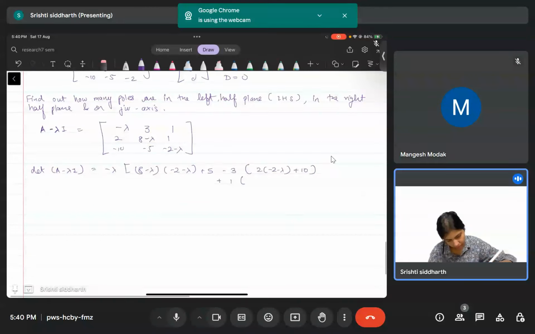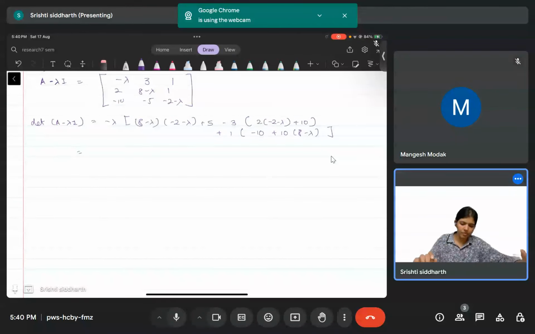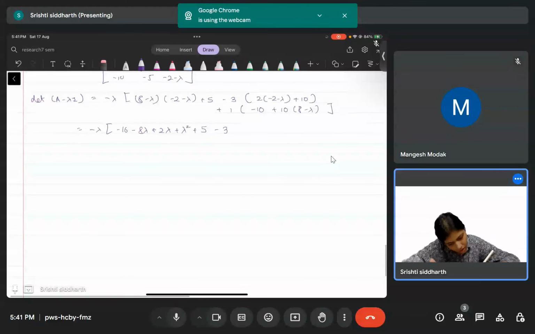And from the characteristic equation, minus lambda, 2 lambda plus 10, minus 10 plus 80 minus 10 lambda.